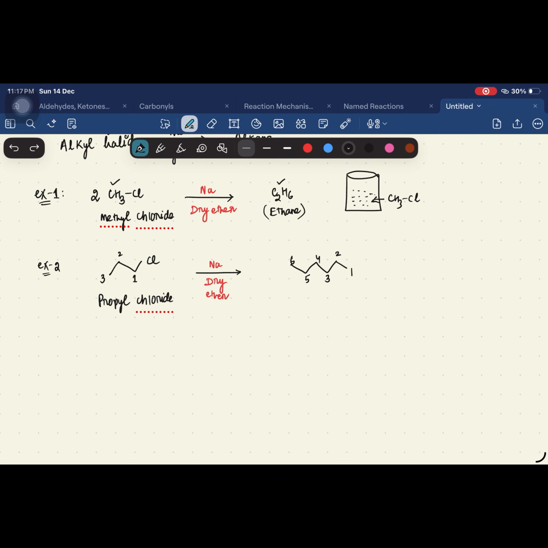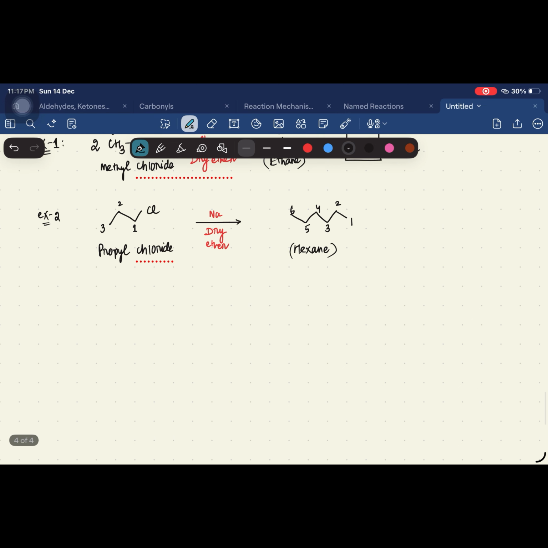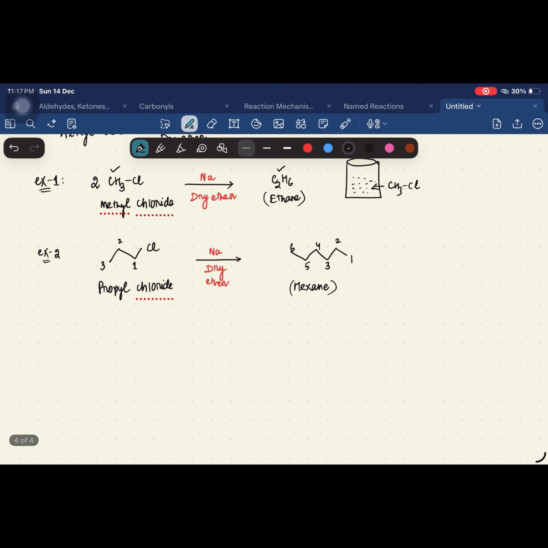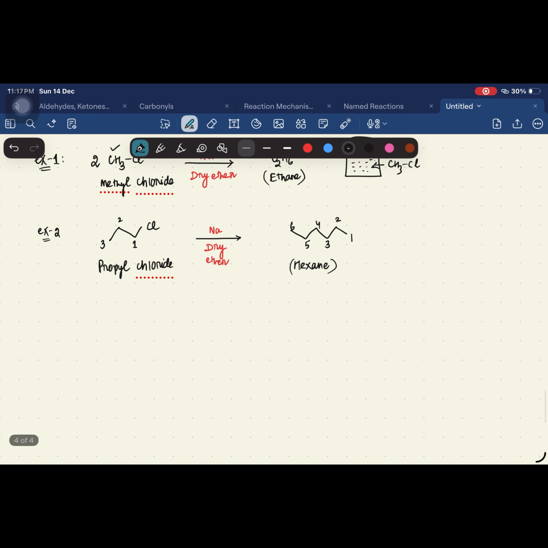I hope it is clear that if we take 1 carbon, we get a 2-carbon product. If we take 2 carbons, we get 4 carbons. If we take 3 carbons, we get a 6-carbon product.